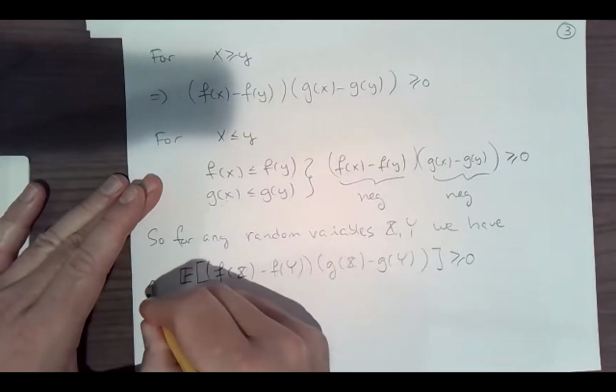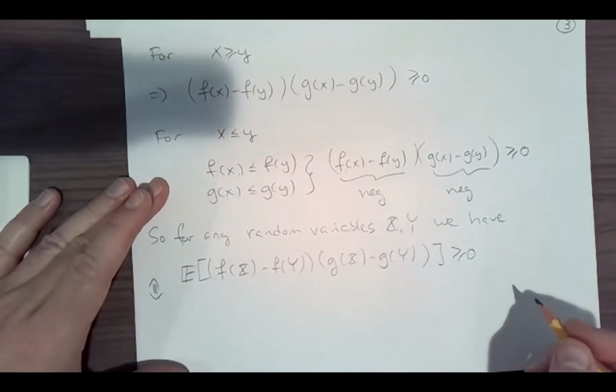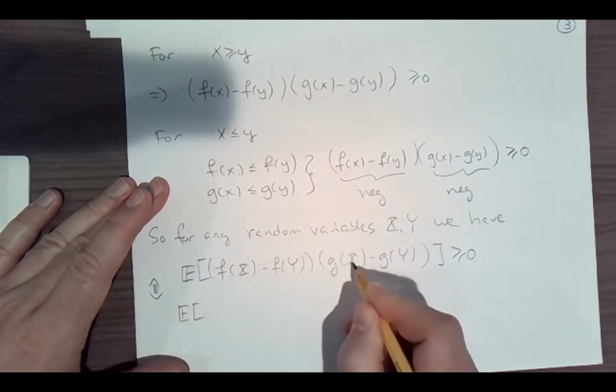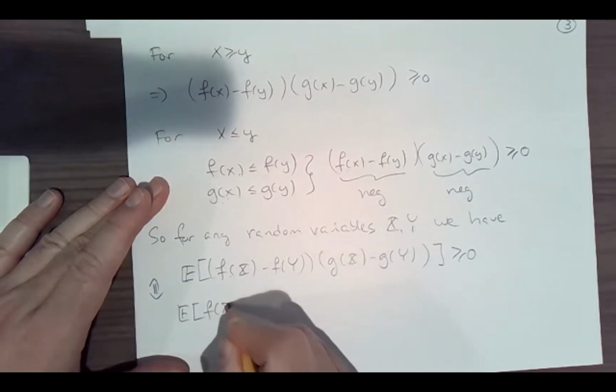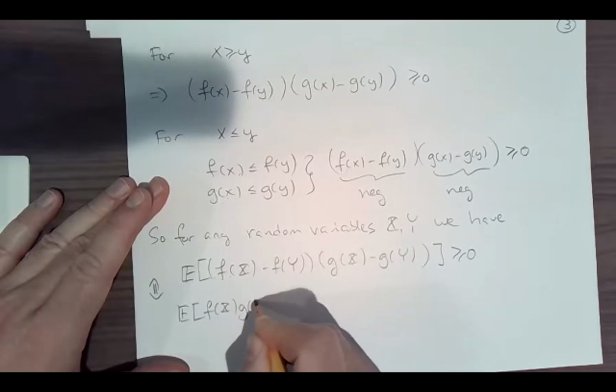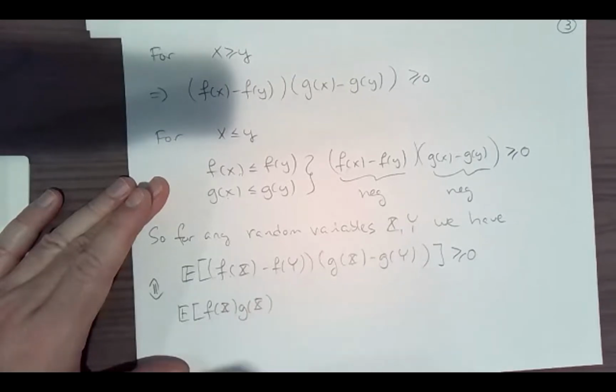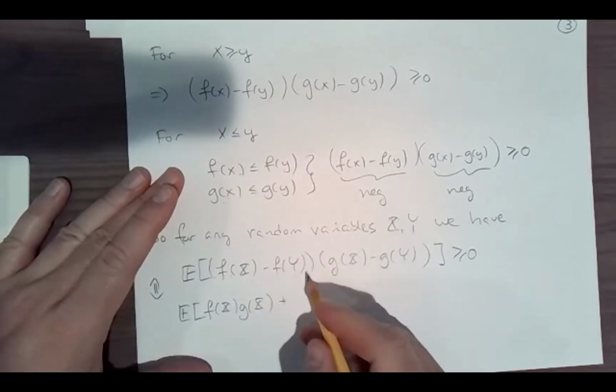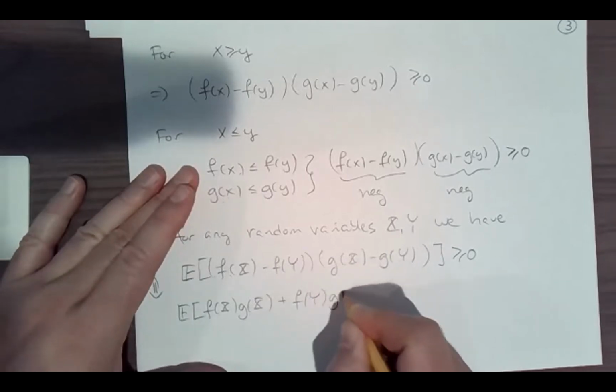This here is the same thing as saying, I'll factor out, so I have f times g, and I'll do this part over here too, negative f times negative g. This is going to be f of y, g of y.